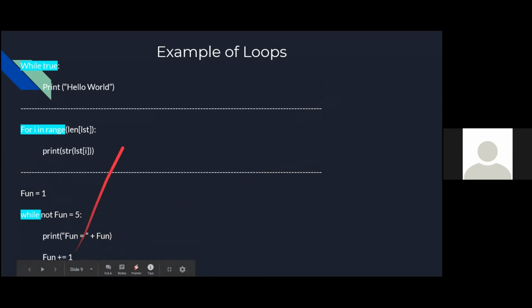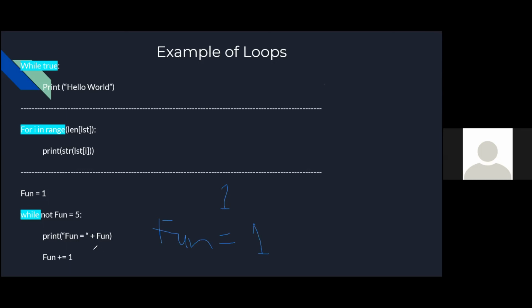So what the computer thinks here is that when fun equals 1, then it checks: fun is not 5. Then it would say fun equals 1.